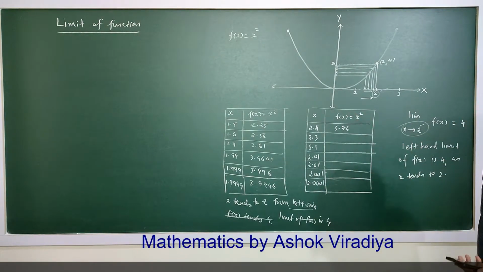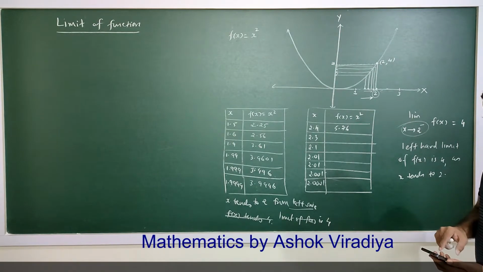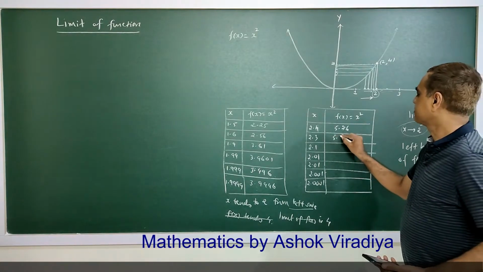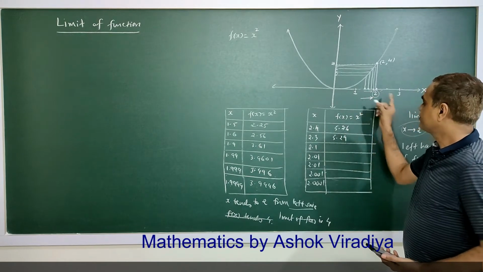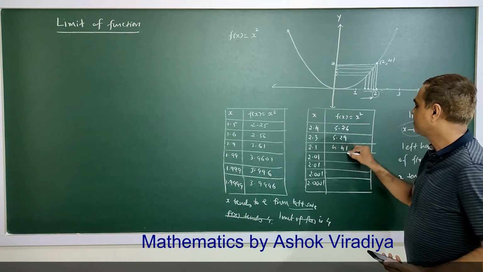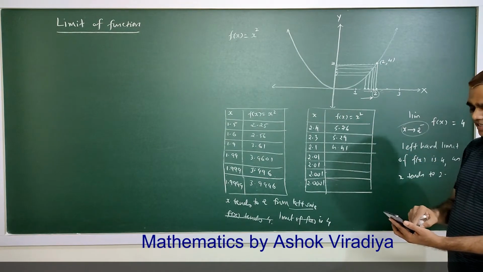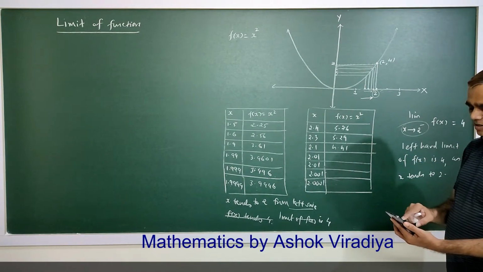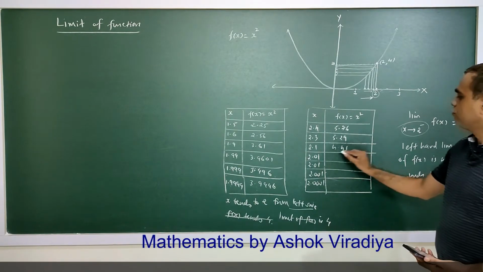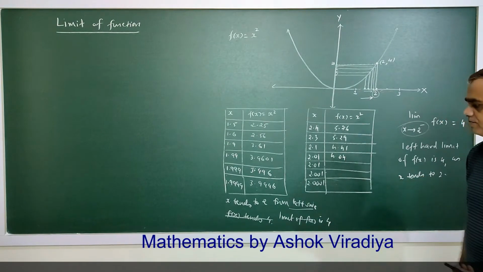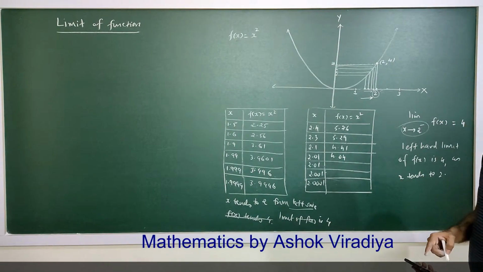Now x is 2.3, so 2.3 into 2.3 is 5.29. 2.1 square is 4.41. 2.01 into 2.01 is 4.04.